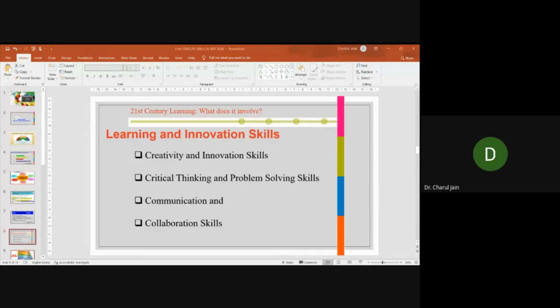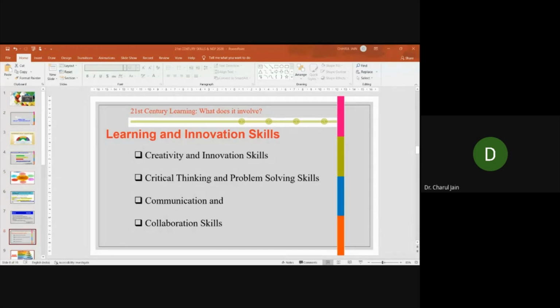So post 2020, post 2015, when national curriculum framework was implemented, Bloom's taxonomy has become the mainstay of designing of our syllabuses, teaching methodology, pedagogy, assessment, everything revolves around Bloom's taxonomy.